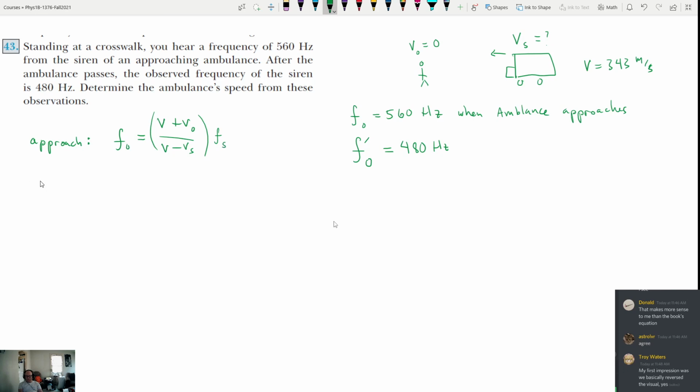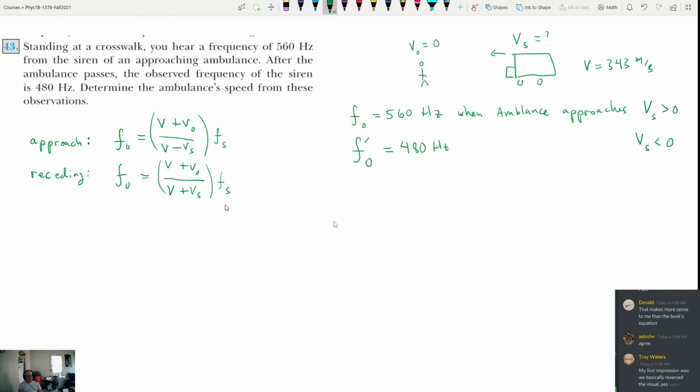And then for when the ambulance is moving away, the receding part, we can write that the observed frequency is going to be equal to V plus VO over, and now in the denominator, V plus VS. Because in the first part, VS is greater than 0, and in the second part, VS is going to be less than 0. But it's the same absolute value, right?